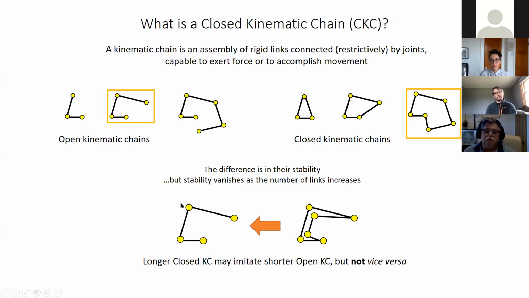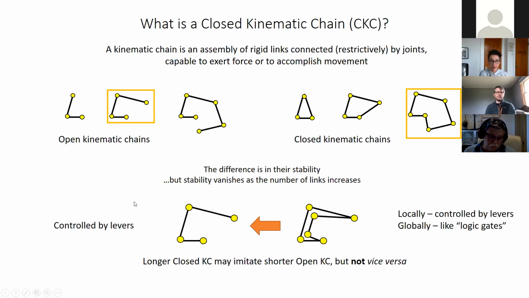Now, at a particular level, at the relationship between 2 adjacent links and their joint, the rules of lever mechanics apply perfectly. But in the case of a closed kinematic chain, the relations between one set of links and a neighboring set of links and a remote set of links can influence each other. So while locally the rules of lever mechanics apply, globally it behaves rather like an assembly of logic gates.